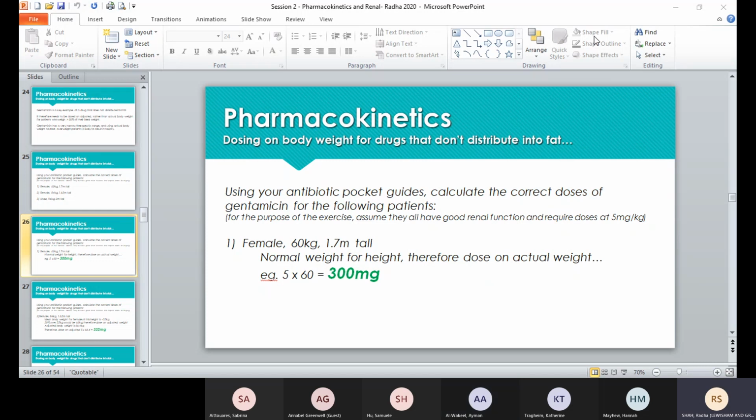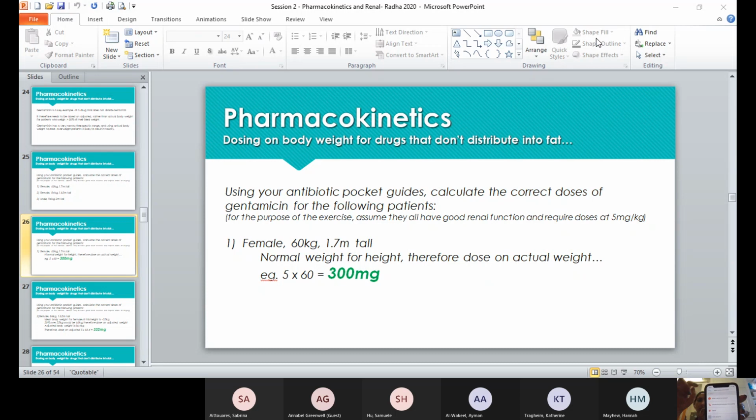Okay, so you might have to just Google ideal body weight table. Sorry, you can't access it, but I'll go through them anyway. Let me turn my screen on.